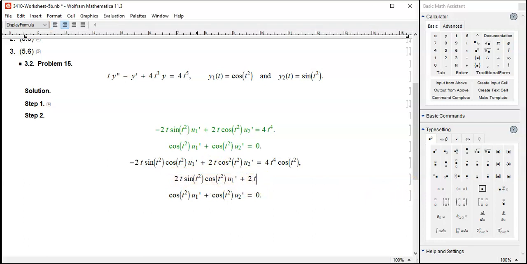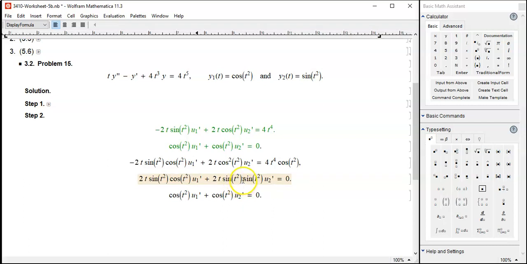So positive 2t sine of t squared and sine of t squared, which was there before, times u2 prime is equal to 0.